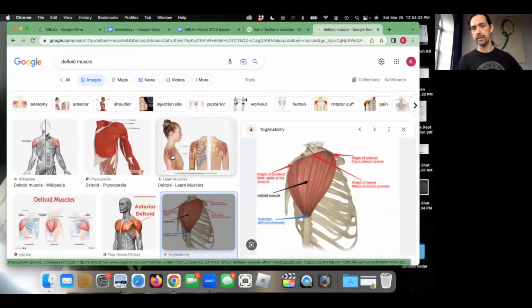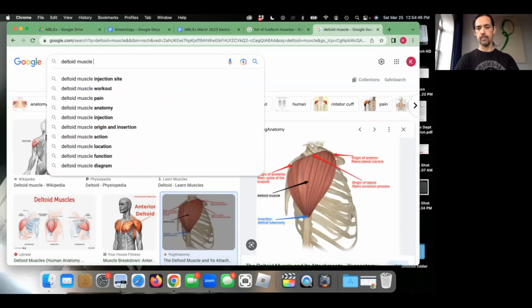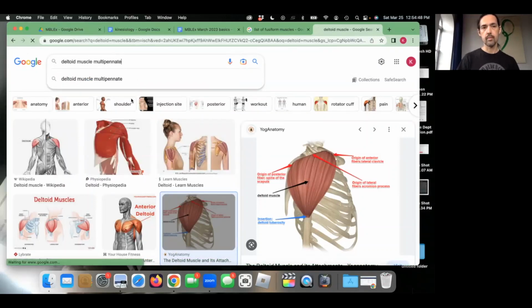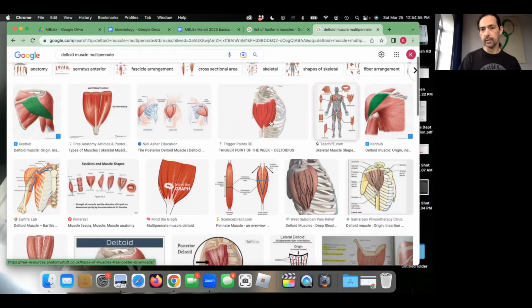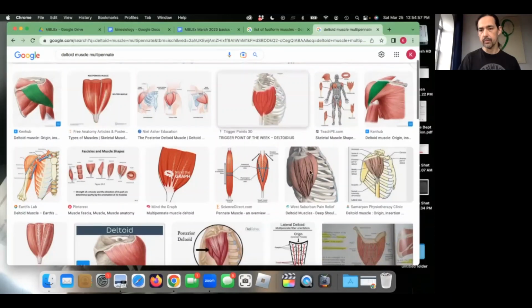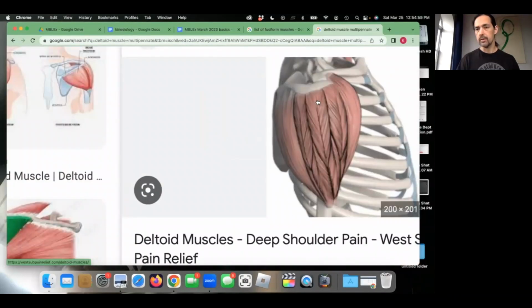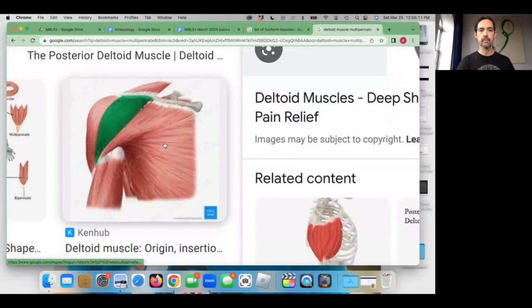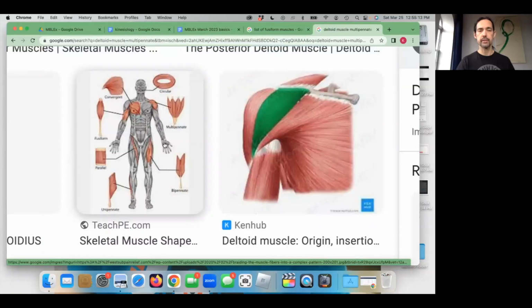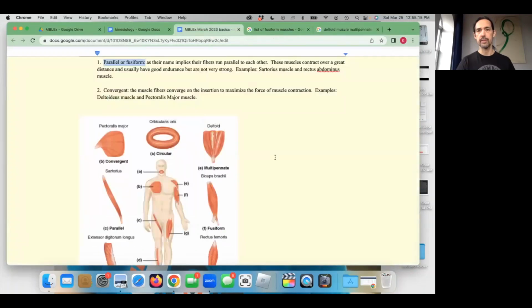Looks convergent. But in fact, if you look closer, it actually has both types of fibers. It has convergent fibers and it has multipennate fibers. Very interesting and tricky. Okay, that's all the muscle fiber shapes.